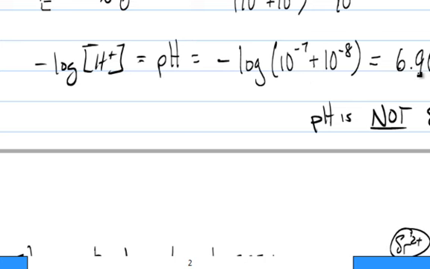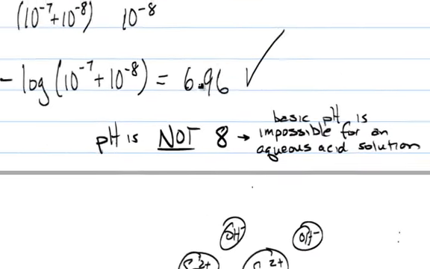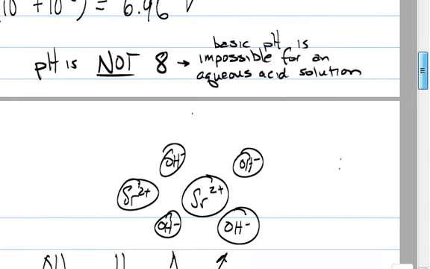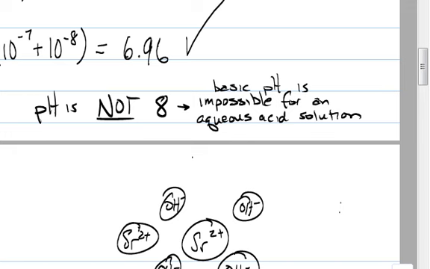So it's practically neutral at such a low molarity of the acid, but it's very, very slightly on the acidic side. Had you just taken the negative log of 10 to the minus 8, you would have had a basic pH, and that's not possible for an aqueous acid solution.